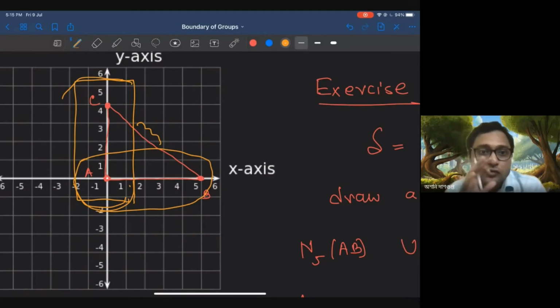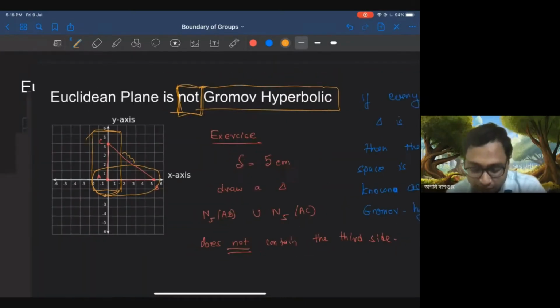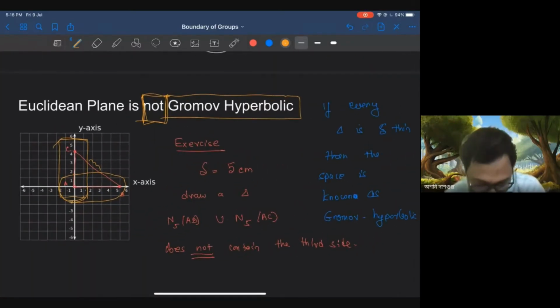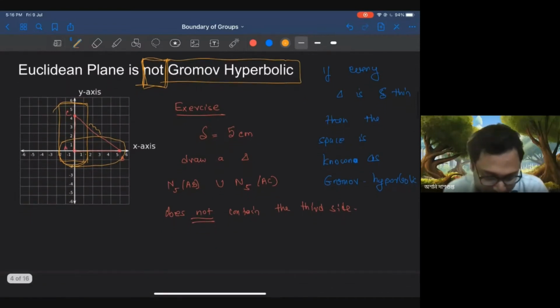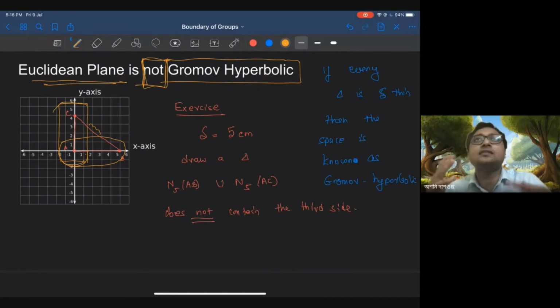So you have to obviously draw that particular triangle that works. There are many triangles that will work. So, homework. You can sort of understand this in your mental space, maybe, that in the Euclidean plane, you can draw triangles which are not thin in this particular sense.